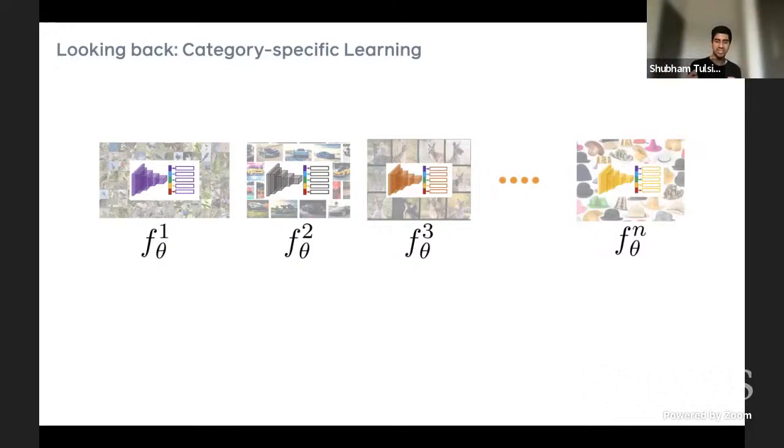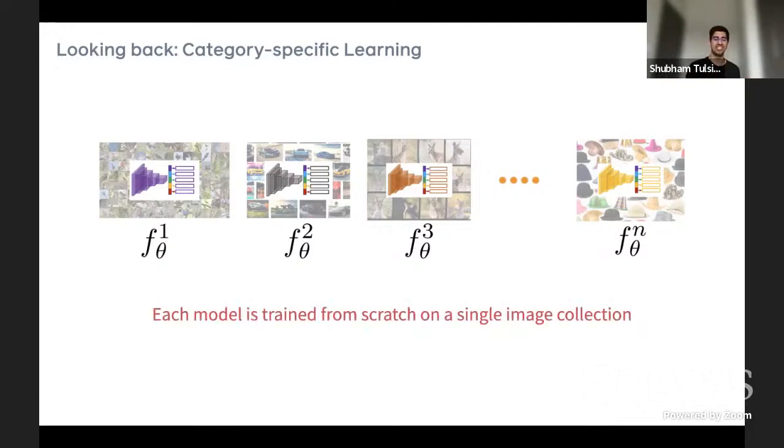And to some extent, this category-specific learning is required because in the absence of supervision, we need some way of regularizing learning and to prevent arbitrary or degenerate solutions. And while this is good, it's also not ideal because there's no sharing across these models, and we need a lot of these clever regularizers such as adversarial priors or templates to constrain training, because we are training each of these models from scratch.